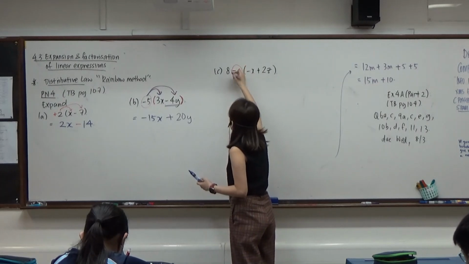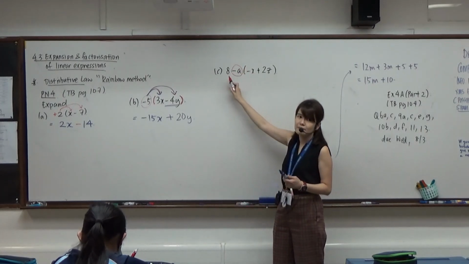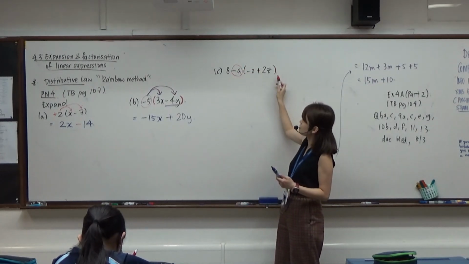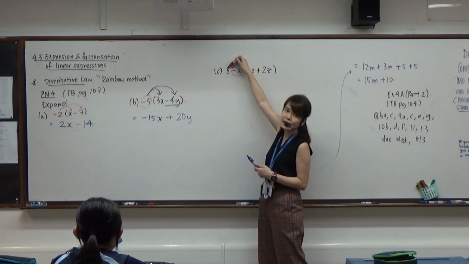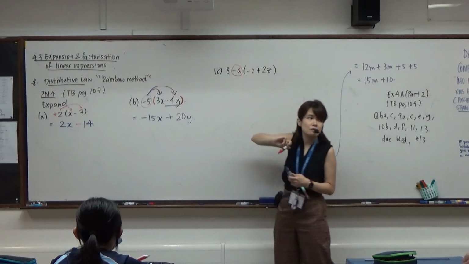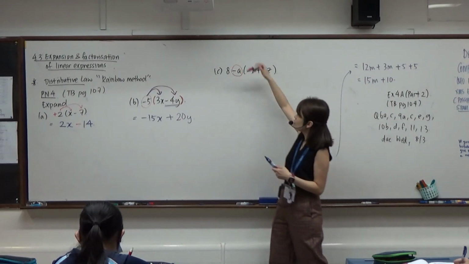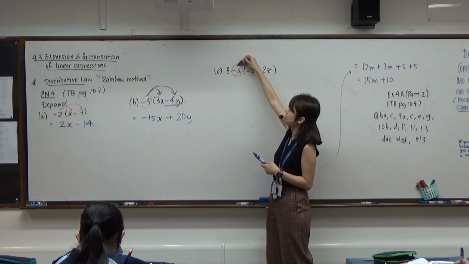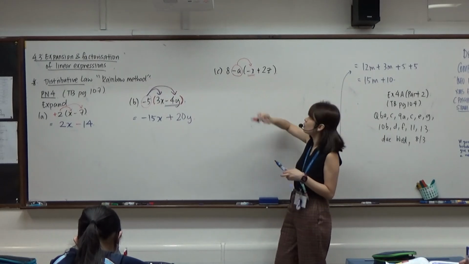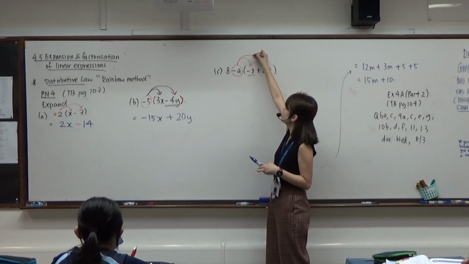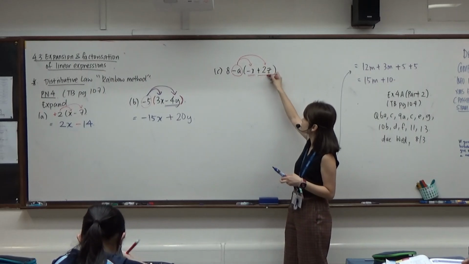There are no brackets around 8 minus a, so the first thing in front of the bracket is the negative a. We don't need to look at the 8 at all. So when doing our expansion, we will only be taking into consideration the minus a to your negative x, and also your minus a into the positive 2z.